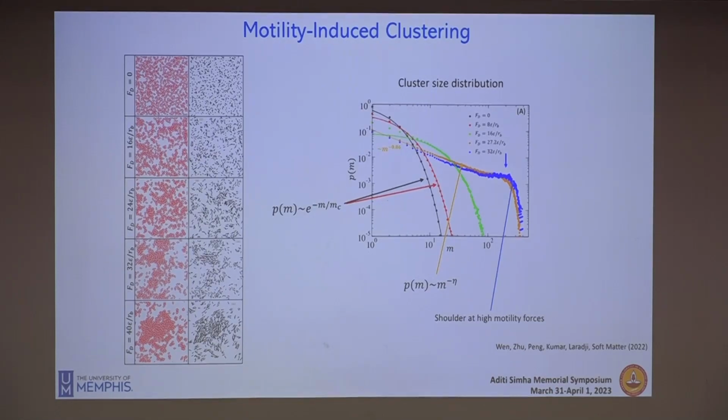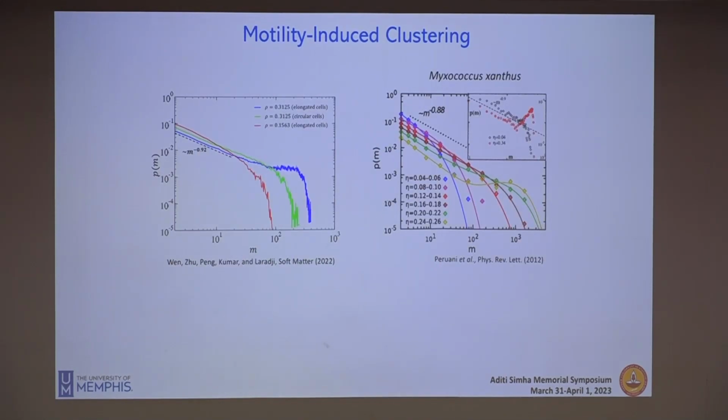For low driving forces, the cluster size distribution is just an exponentially decaying function, but for high driving forces, you have a power law behavior and then you may have a peak or a shoulder in the distribution, which indicates the tendency of having giant clusters in your system.